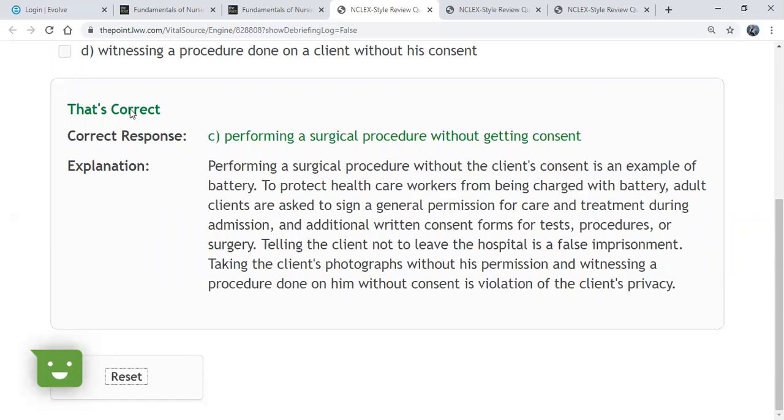When you touch the client, it's battery. You've touched him in this case because you did a surgical procedure. So battery is when you touch him. And with assault, remember, I'm about to whoop somebody. So you're threatening to whoop them, but you're not actually touching them. In assault you're threatening them. In battery, you're actually touching.